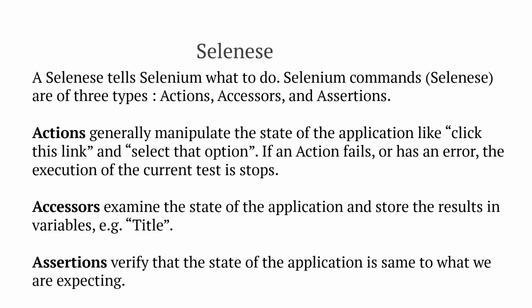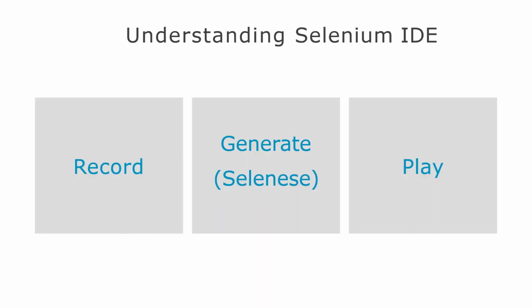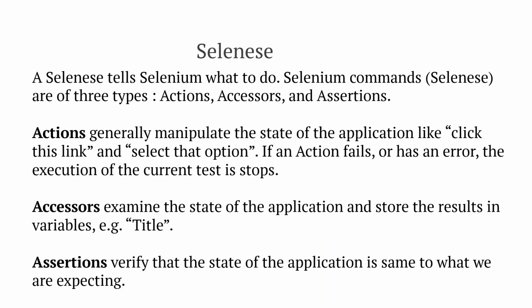So now, you understand your browser session will be recorded using Selenium IDE. But what does the Selenium code contain? Selenium is also some sort of code, some sort of commands actually.